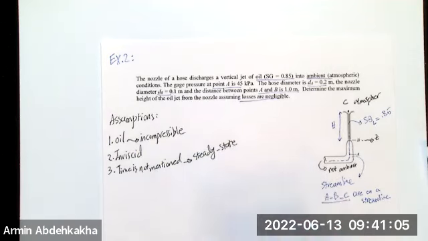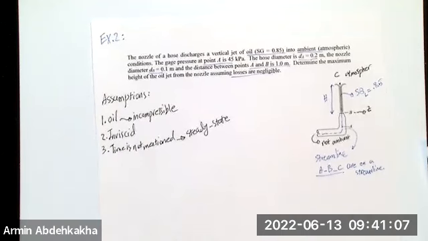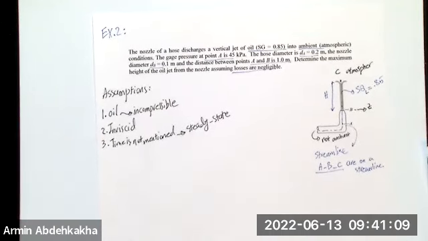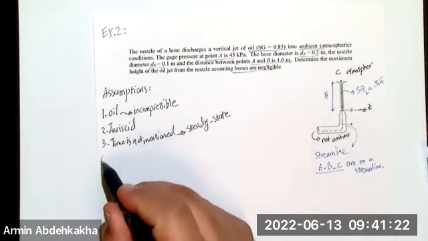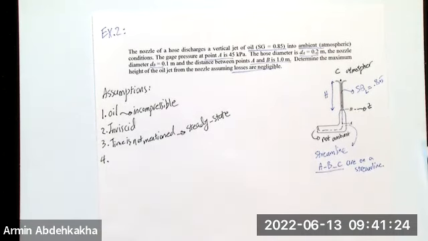Sometimes for this assumption you don't have anything to reject it, right? Is there any reason to consider this not steady state? No. So I will consider steady state because this gives me an opportunity to use Bernoulli.